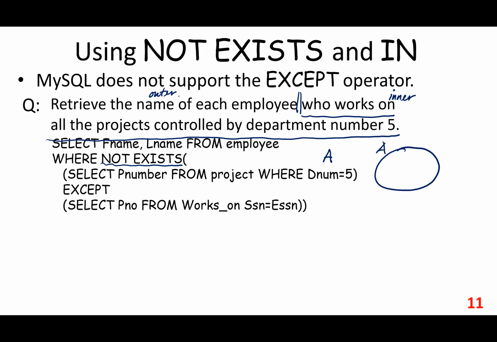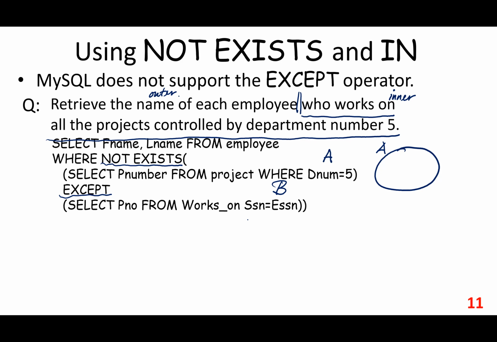The second parenthesis, except. Here we know the set operator, except. Take away, remove from set A, this is set B. Set B is those projects worked on by the current employee.